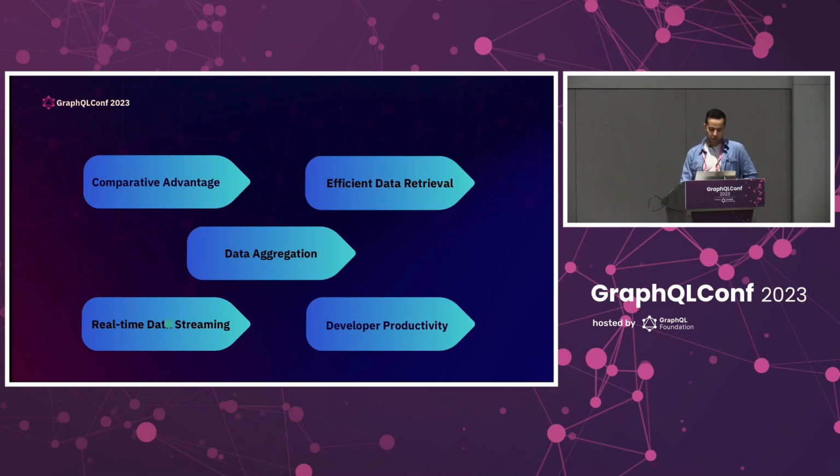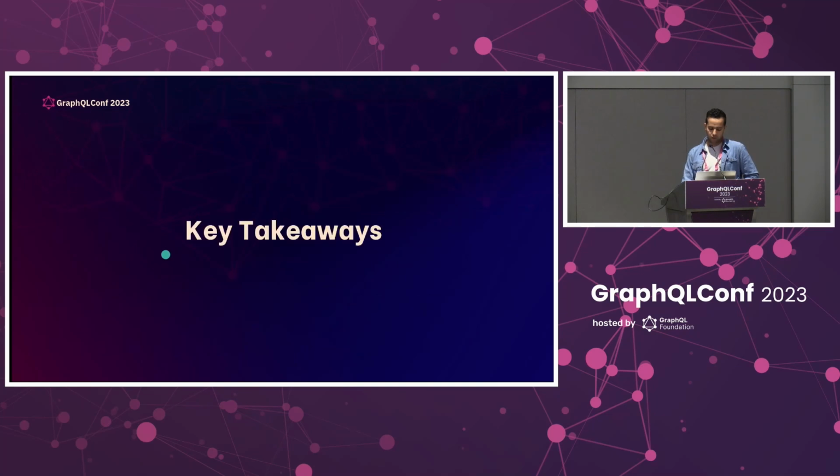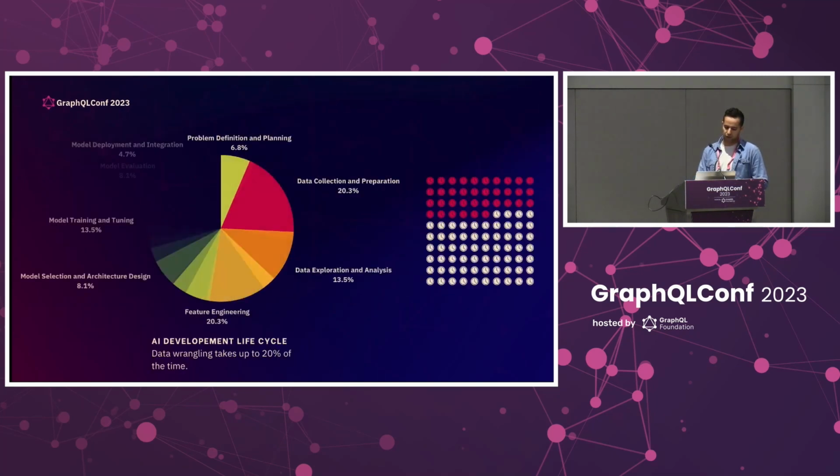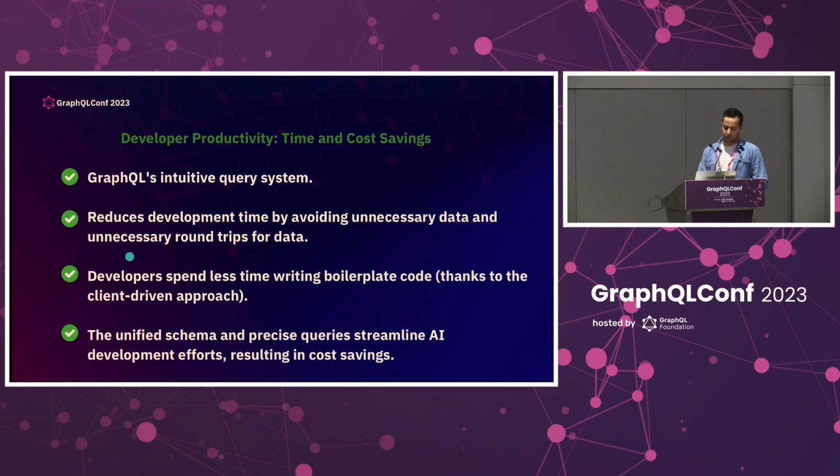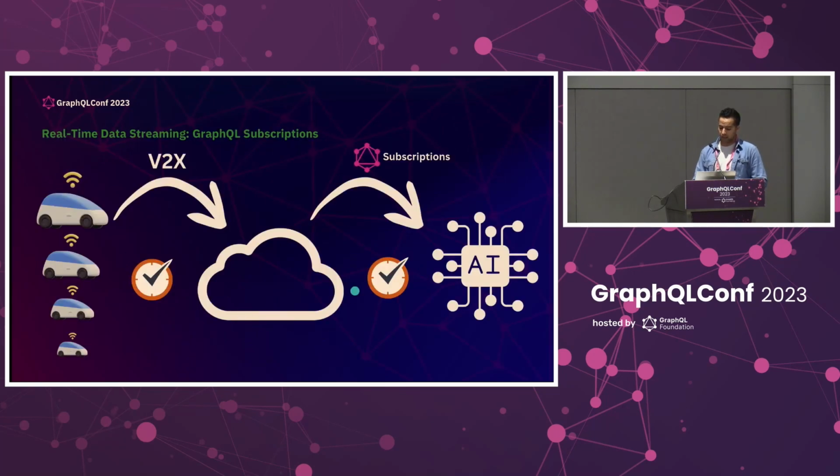Real-time data streaming. As we went through before, in autonomous car development, real-time data, or accuracy when it comes to time, is a big thing. Without GraphQL, we were trying to find ways to get data from the cloud in a real-time manner.